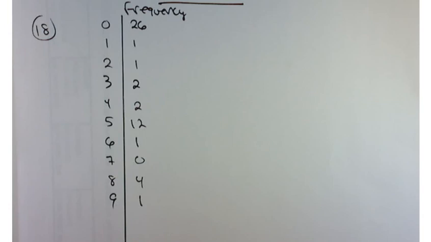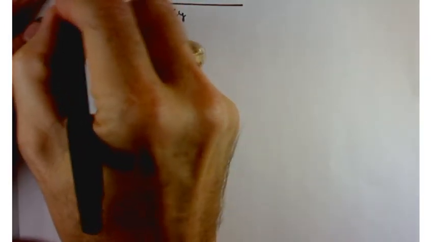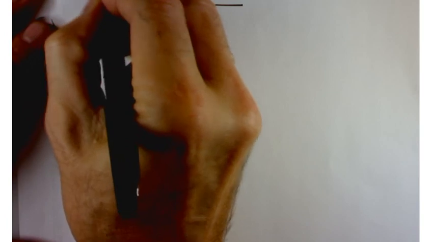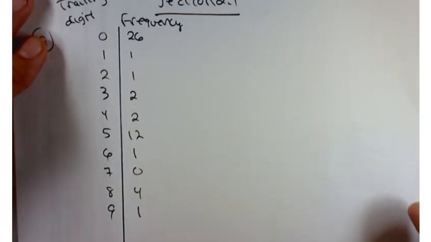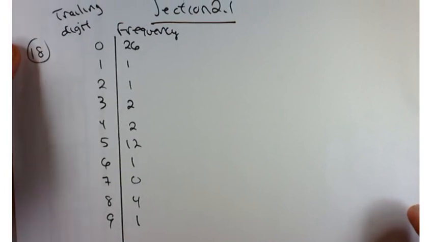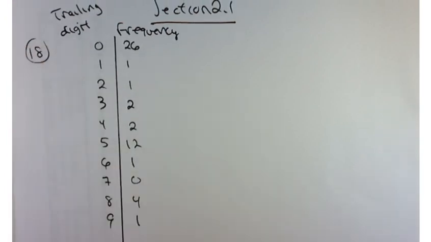That's just the digit, so the trailing digit. Is there something that jumps out about this data, about the frequency of the data? So 0. 0 is the most frequent. Okay, what other value is pretty frequent? 5.